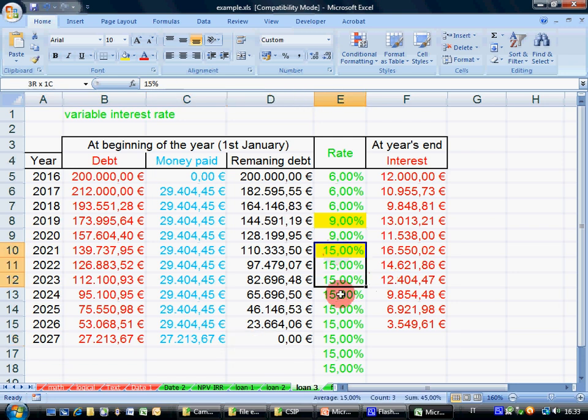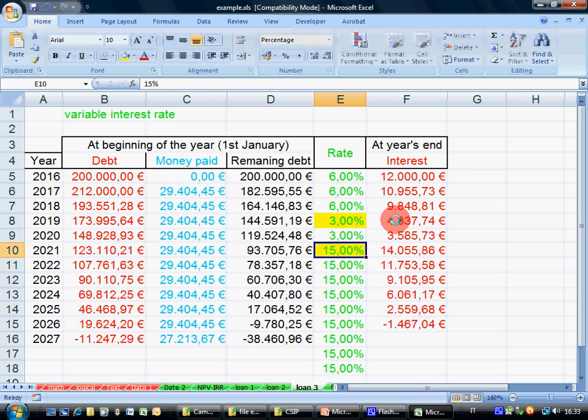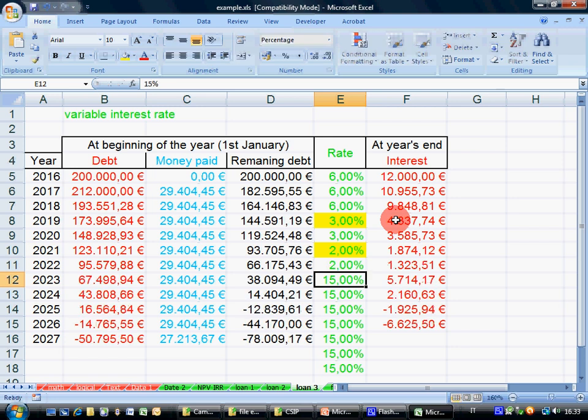So you can see that a variable interest rate may have the implication that if the interest rate rises, you have to add other years. On the other hand, if the interest rate lowers, so here for example 3%, here it becomes 2%, even less, you will probably finish your debt earlier.